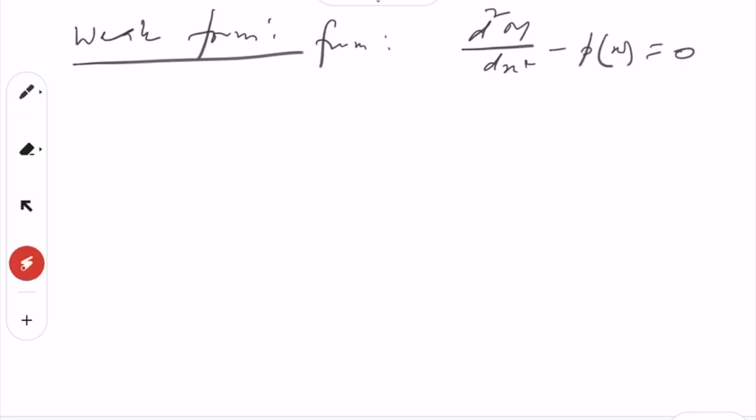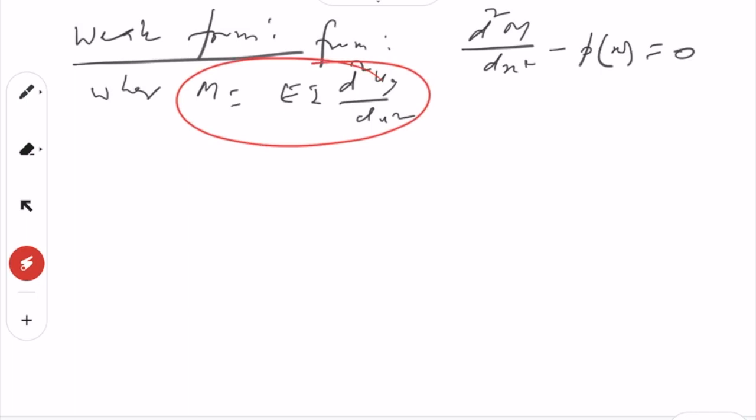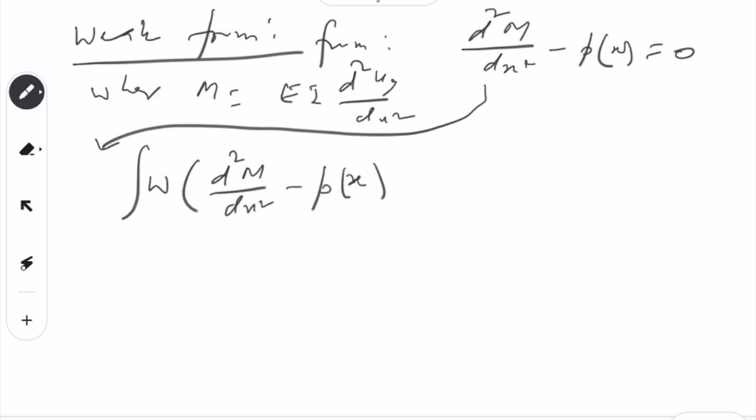We know that M equal to EI d square uy over dx square, which we will put later on. For the time being, the weak formulation is: we have some w, which we multiply with d square M over dx square minus px, and then dx.